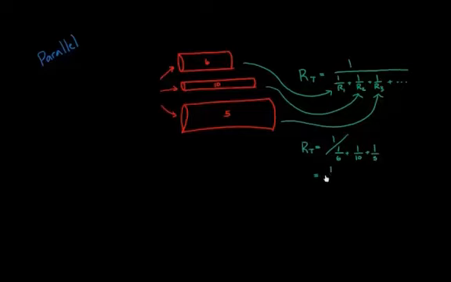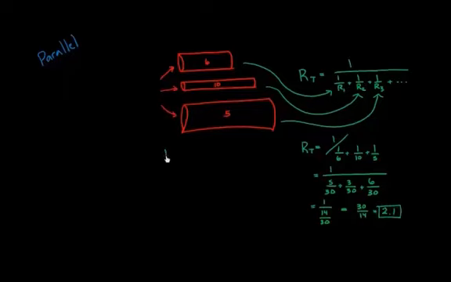And the common denominator there is 30. So I could say 5 thirtieths. This is 3 thirtieths. And this would be 6 thirtieths. And adding that up together, I get 1 over 14 thirtieths, or 30 over 14, which is 2 and let's say 0.1. So 2.1. So the total resistance here is 2.1. Putting all 3 of these together.